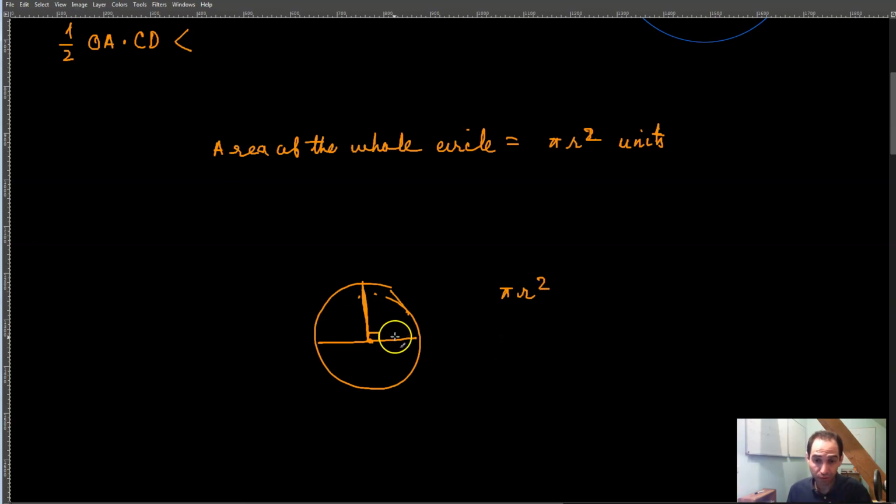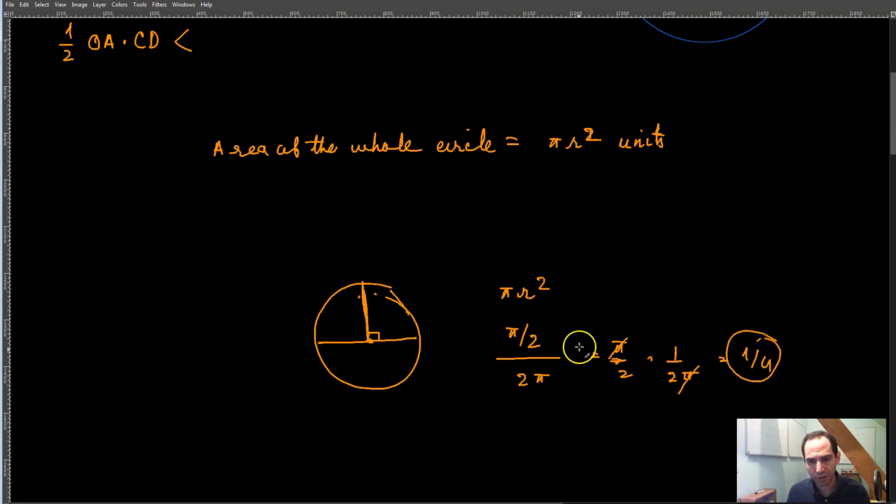Now 1/4 of the circle has an angle of pi by 2, and the whole revolution is 2 pi. So pi by 2 divided by 2 pi is pi by 2 times 1 by 2 pi. Pi and pi cancel out, that's 1/4. So you can see that a 90-degree angle is 1/4 of the circle.